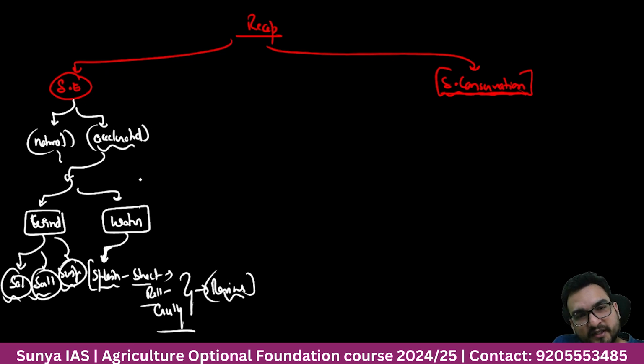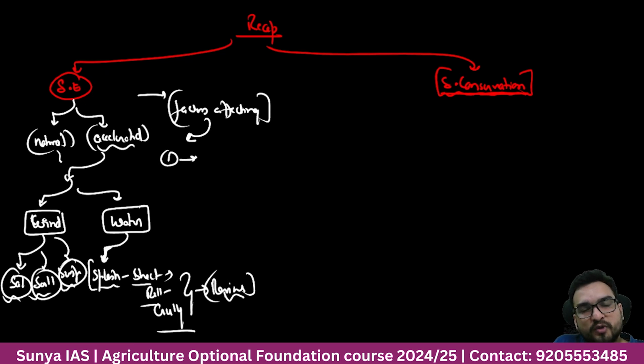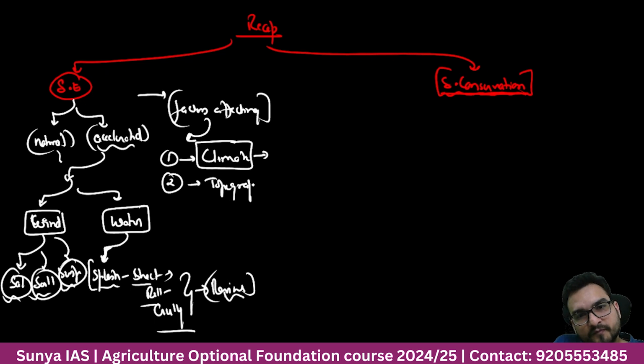Then, after studying this, we understood the factors affecting soil erosion, right? Under factors, we have studied five points. One was about climate. Second was about topography, slope and degree, which we have seen in the last class.